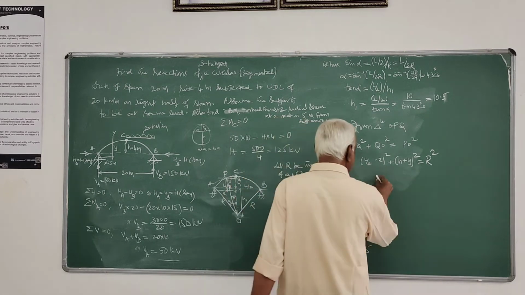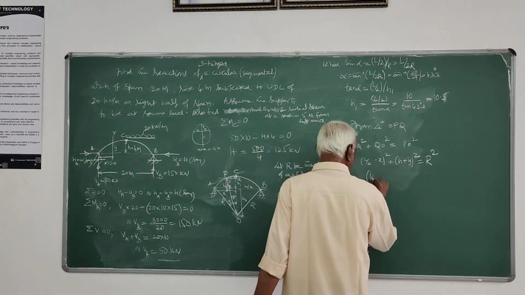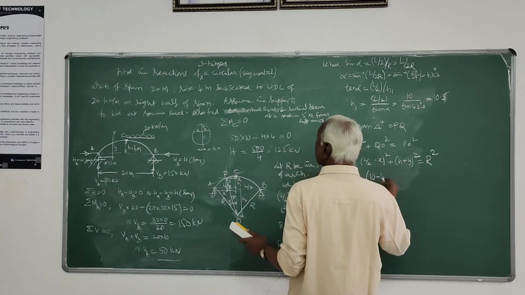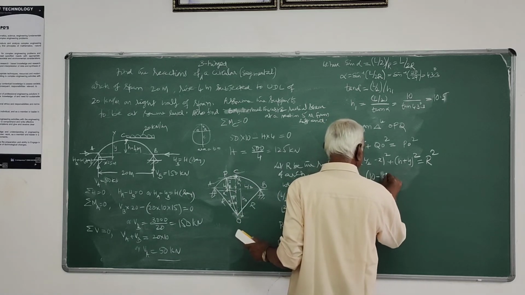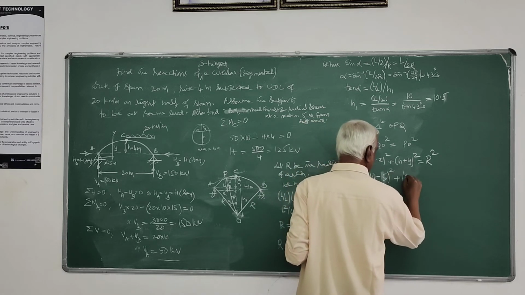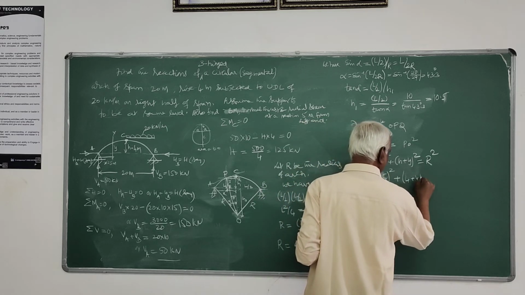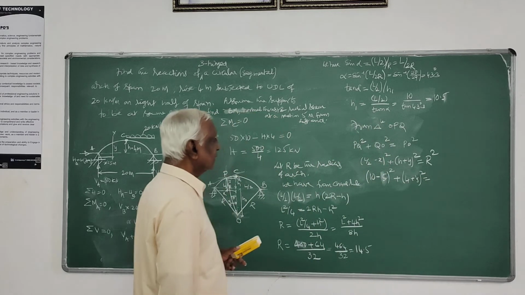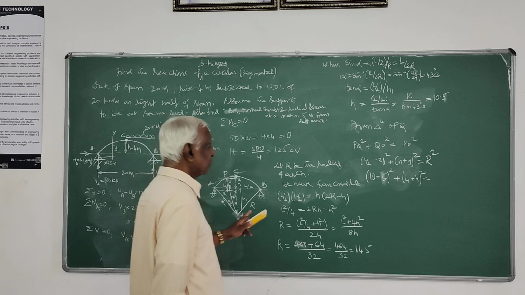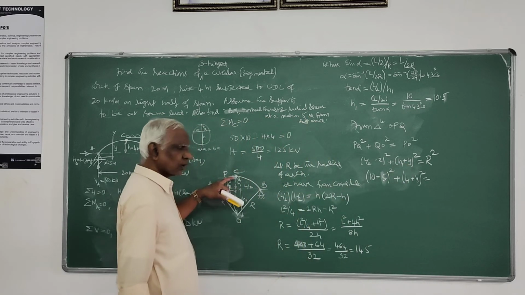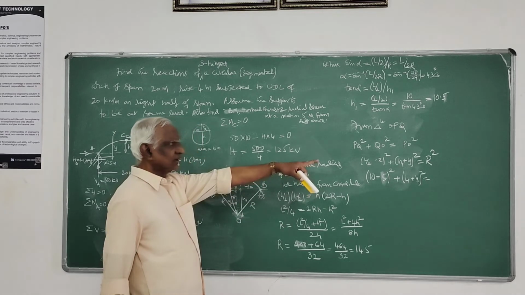So from this, L by 2 is 10, minus X is equal to 4 meters, that is 5 meters. X is equal to 5 whole square plus H1 plus Y whole square is equal to R square.